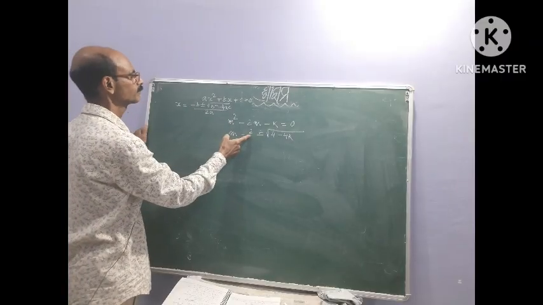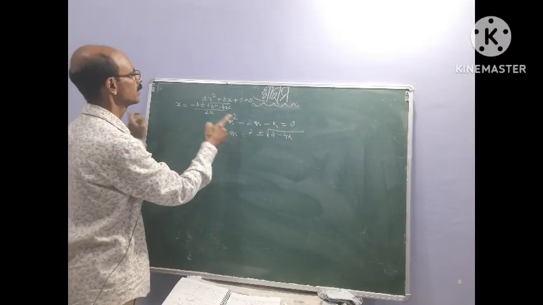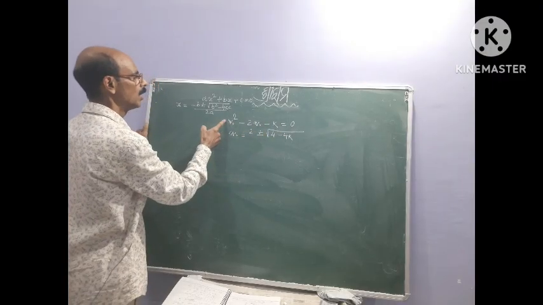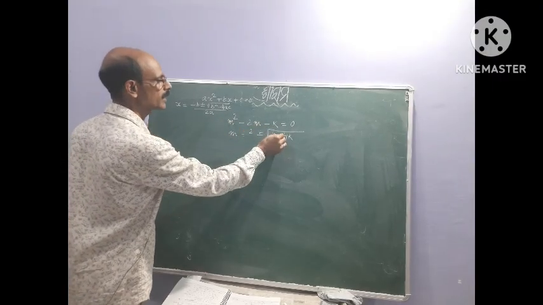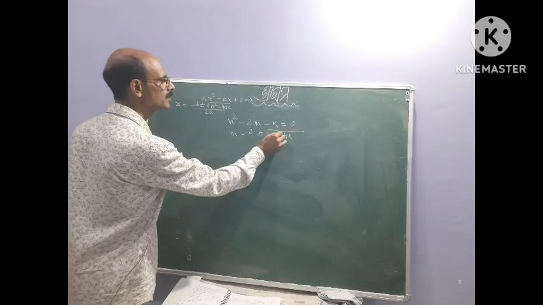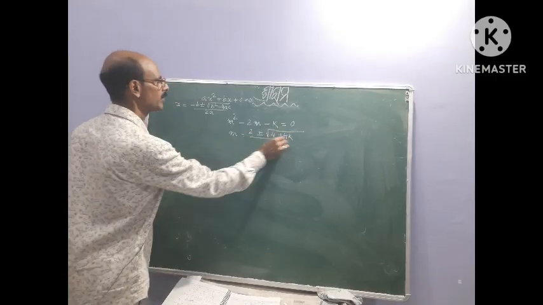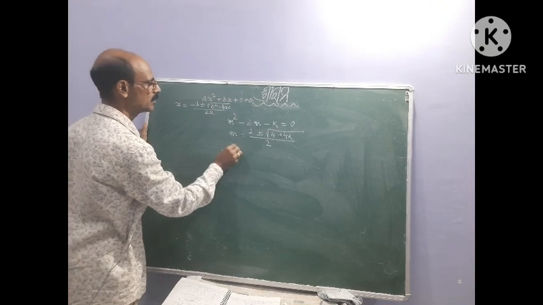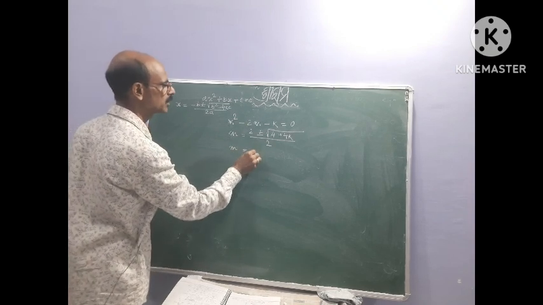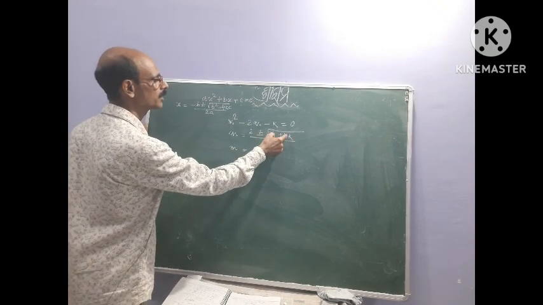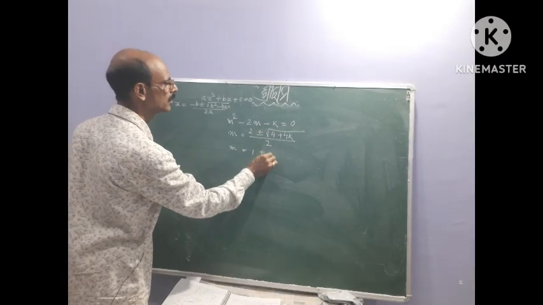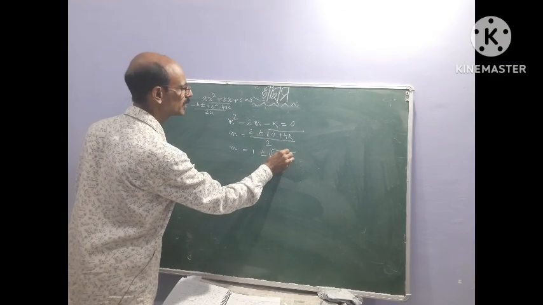So it will be: a is 1 and c is minus k, and this minus will be plus, divided by 2a. a is 1, so m is equal to 2 by 2 is 1, plus or minus, here 4 we take common, its root over 2 comes out, 2 2 cancel, so we'll get 1 plus k.